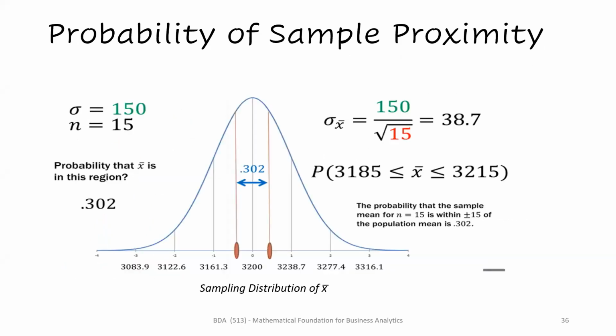So the probability that a value will fall within 15 of 3,200 is about 30%, that is 0.302. All right. So the probability that the sample mean for n equal to 15 is within plus or minus 15 of the population mean is 0.302. Any questions about this?